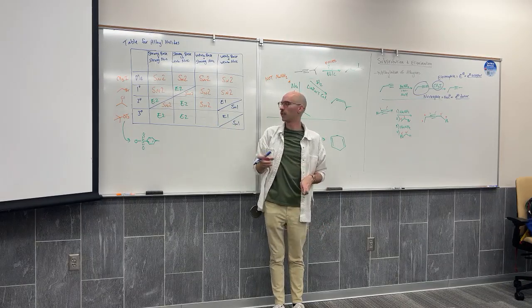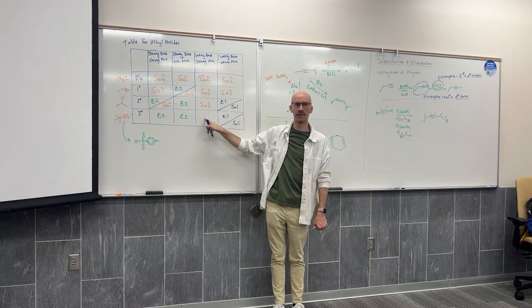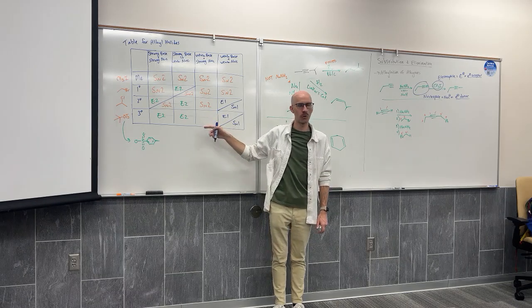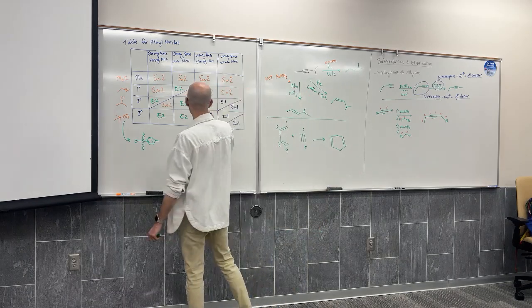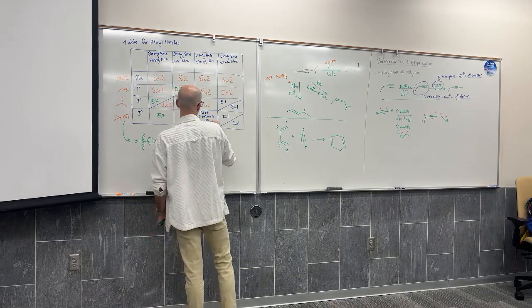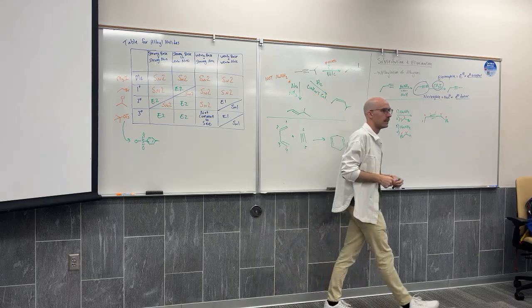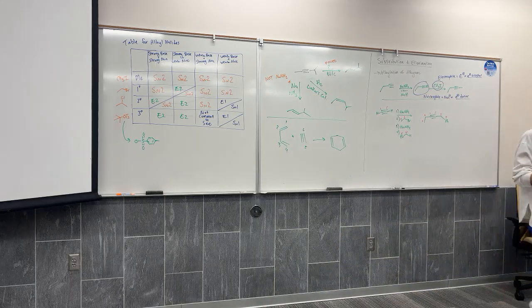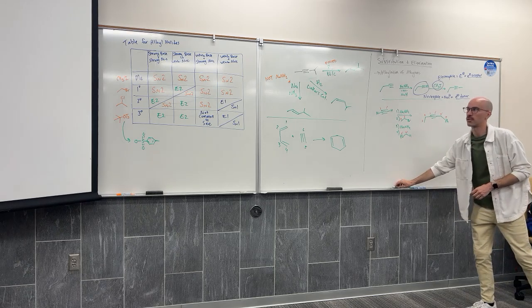So you would probably see a table fill this in as E1 or SN1, but quite honestly, we're not going to see it. So I'm just going to put not common to see. You just don't subject the reagent to those conditions because it's not their preferred condition.